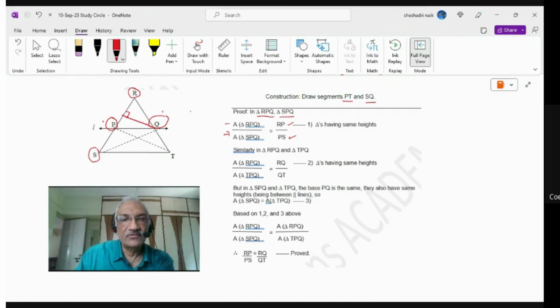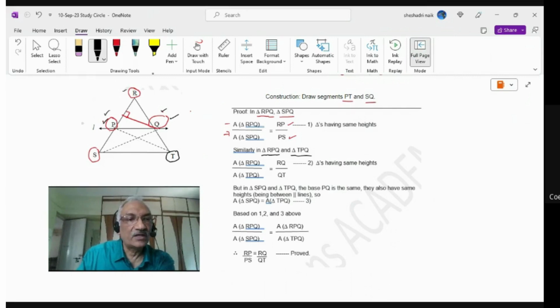Similarly, now we will look at the other two triangles. Let me change the color so that it's clear. RPQ and TPQ. In this case, RPQ is the common one, which we had taken earlier also, and the other one I'm going to take is TPQ, the other side of the triangle.